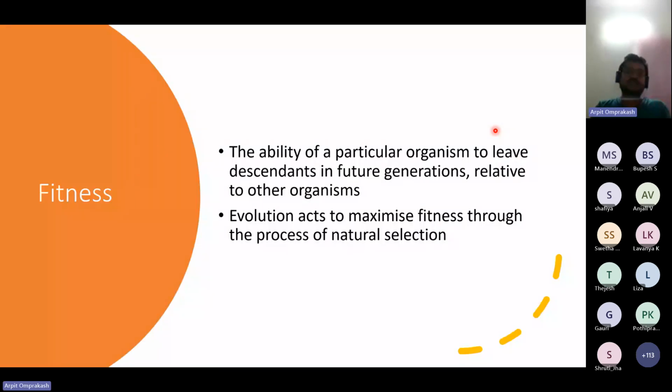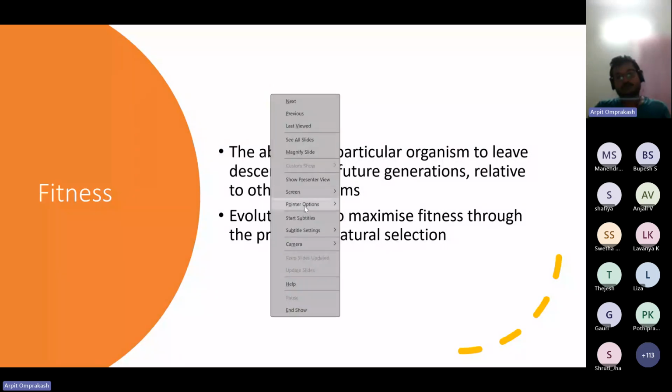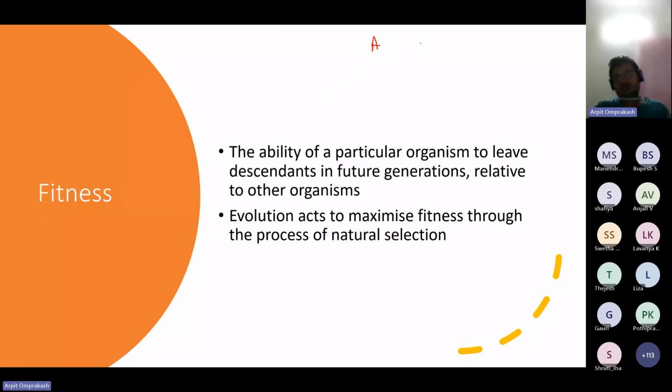Fitness is basically the ability of a particular organism to leave descendants in future generations relative to other organisms. So, for example, let's say we have one individual A and one individual B, and A can produce 10 offsprings, and B can produce, let's say, 100 offsprings.